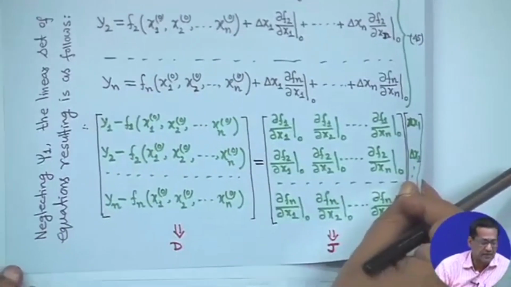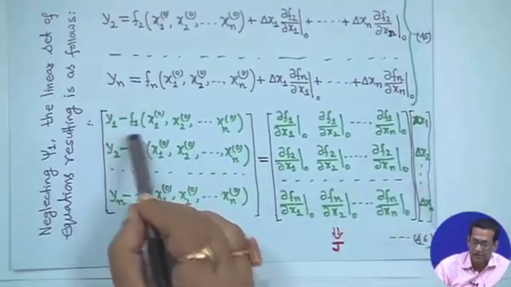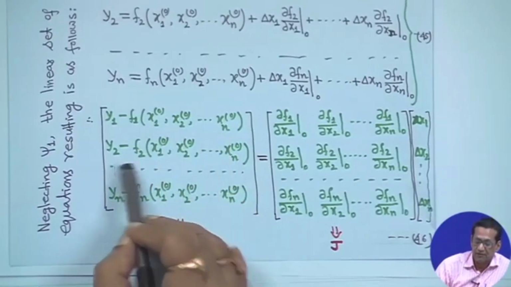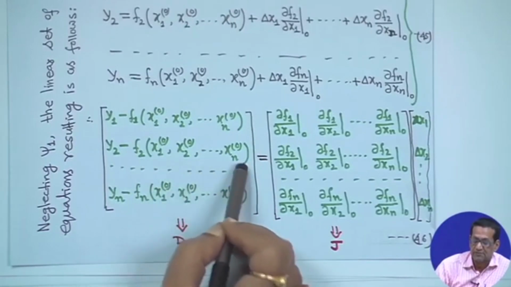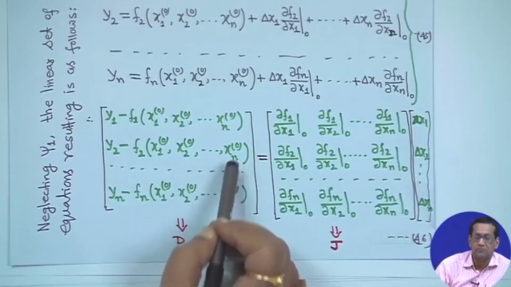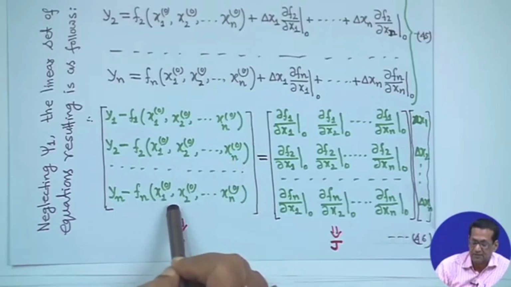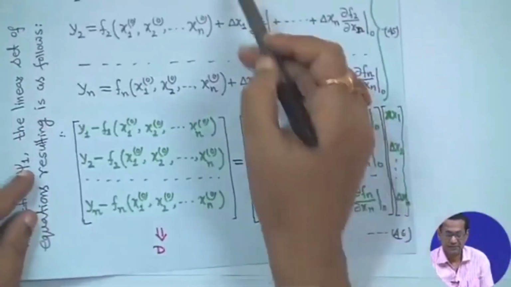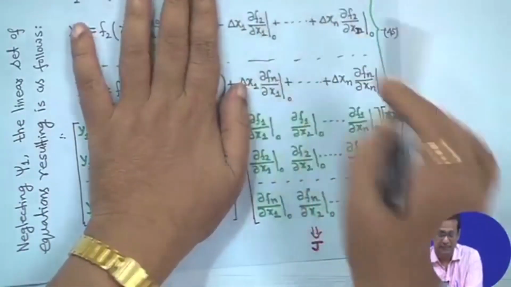The same thing we are writing here: y1 minus f1(x1^0, x2^0, up to xn^0), then y2 minus f2 of all the initial values, then yn minus fn(x1^0, x2^0, up to xn^0) is equal to this matrix.